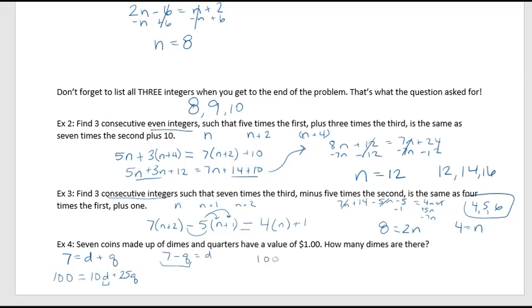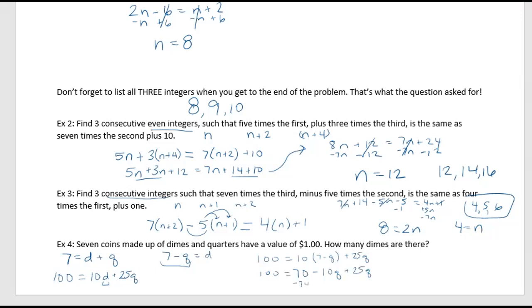And then I'm going to put this 7 minus Q in for D right here. So I have 100 is equal to 10 times D, which is 7 minus Q, plus 25Q. I distribute this 10 to the 7 and the minus Q. So 70 minus 10Q plus 25Q.